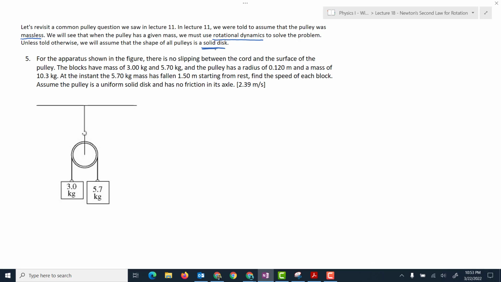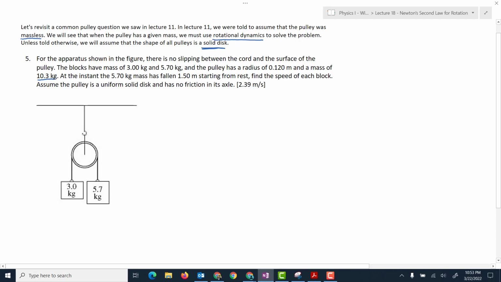Okay, for the apparatus shown in the figure, there is no slipping between the cord and the surface of the pulley. The blocks have a mass of 3 kilograms, the left one, and the right one is 5.7 kilograms, as you can see in the picture. And the pulley has a radius of 0.120 meters and a mass of 10.3 kilograms. Notice the mass of the pulley is given.